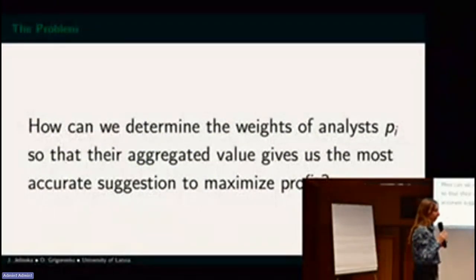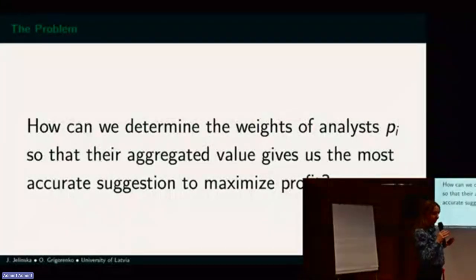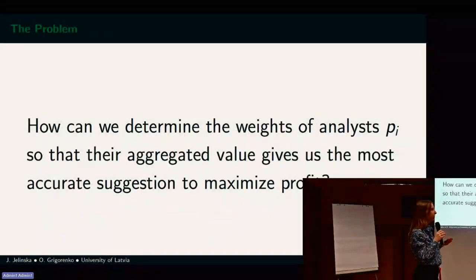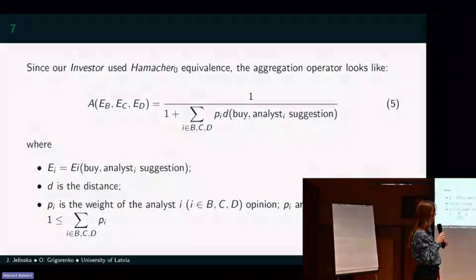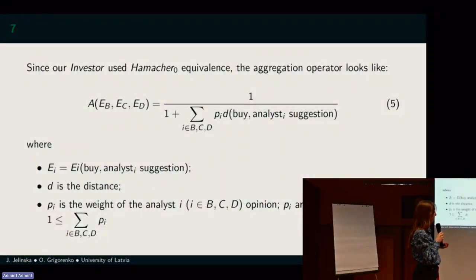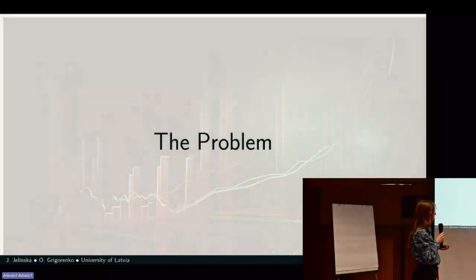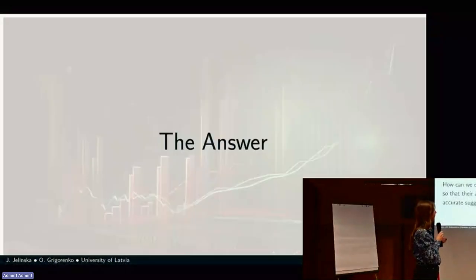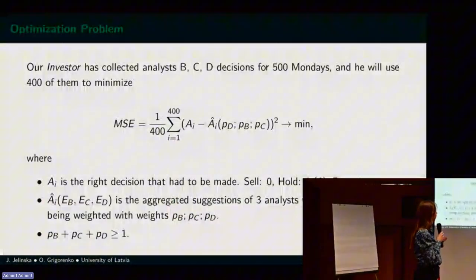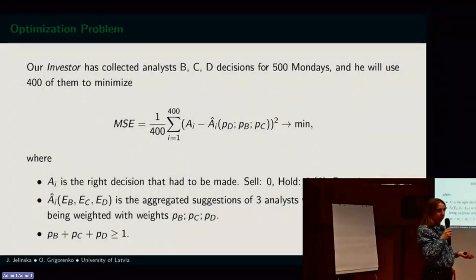Yes. So, okay, we found out the way how the investor can aggregate these values, but the problem still is with weights. We saw that there are weights included, but how do we determine them? And pretty easily, because we know what should have been done.